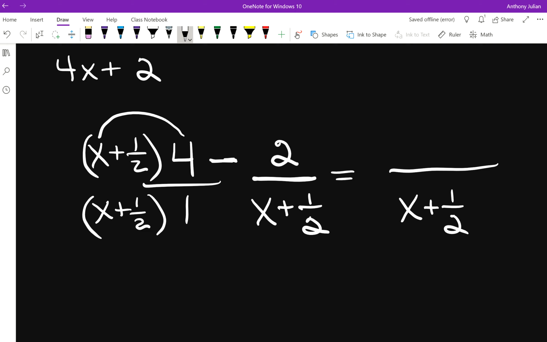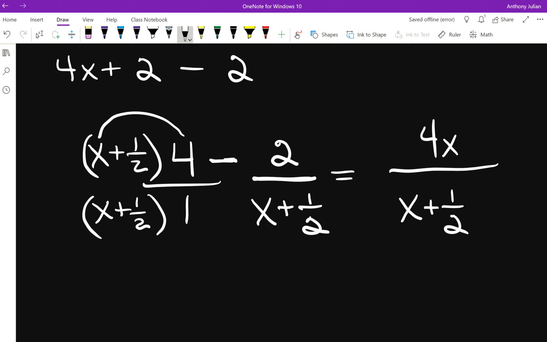Okay, and that would be minus 2. So that's going to give me 4x. 4x plus 2 minus 2 is 4x.